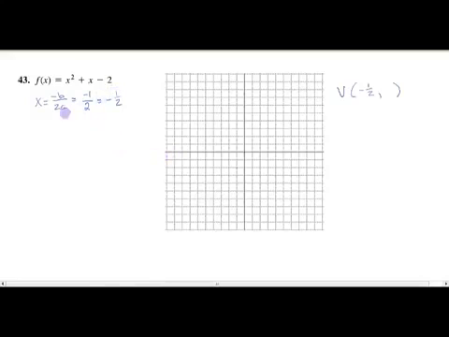And now to find the y part, we're going to plug that negative half back in. So f of negative 1/2 is negative 1/2 squared plus negative 1/2 minus 2. So that's a 1/4 minus 1/2 minus 2.